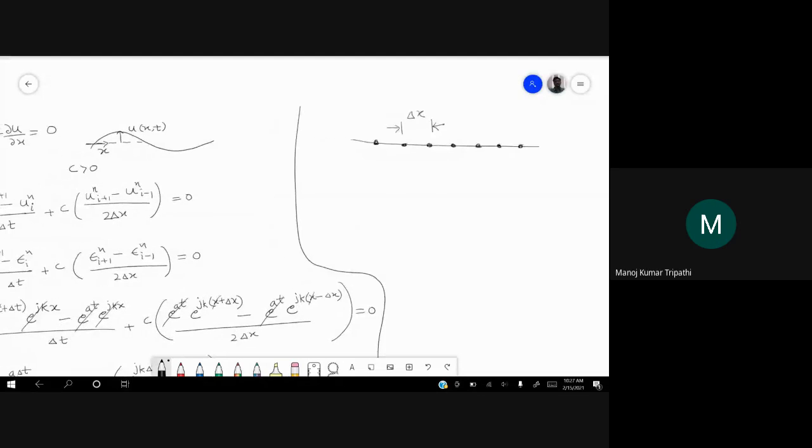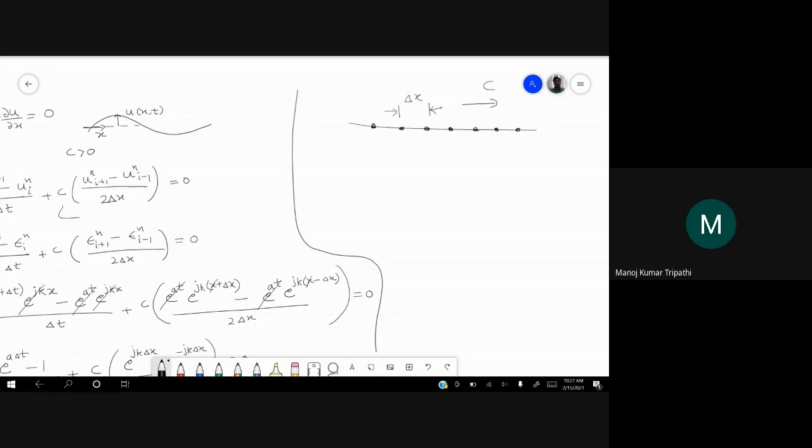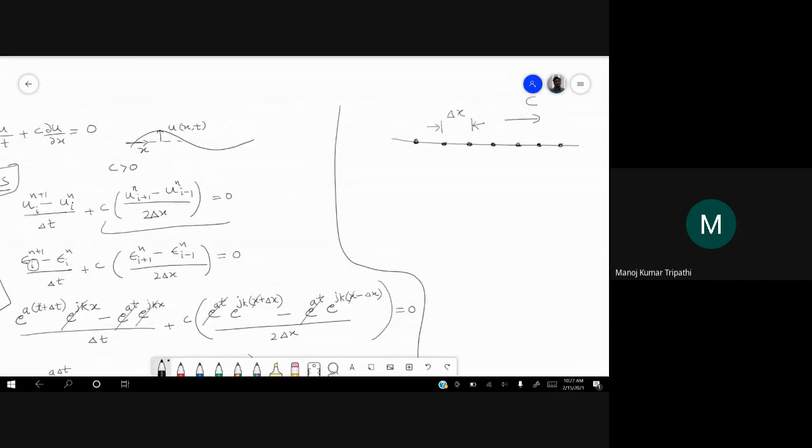If the wave velocity is in this direction, then while differencing the space derivatives, so this is the spatial derivative dou u by dou x, while writing an approximation for that, you have to consider an upwind derivative.